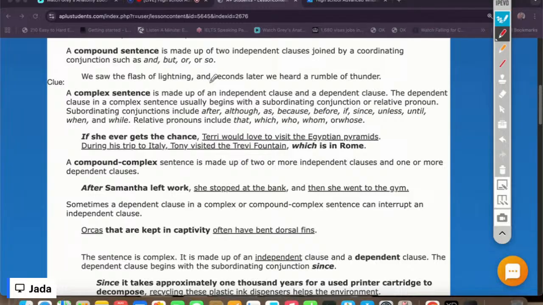So next up, we have the complex sentence. Now, the complex sentence is made up of what? An independent clause and a dependent clause. So it's made up of the two clauses that we have. The dependent clause in a complex sentence usually begins with a subordinating conjunction or relative pronoun. Okay.